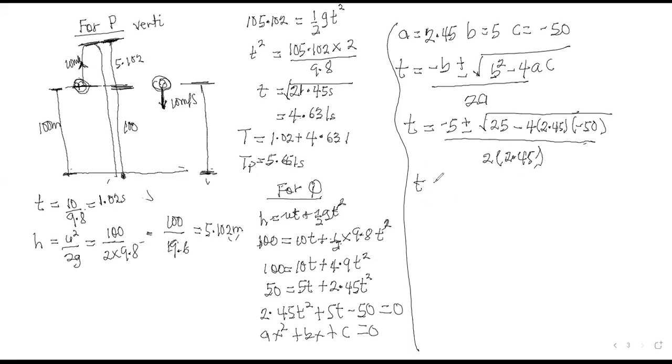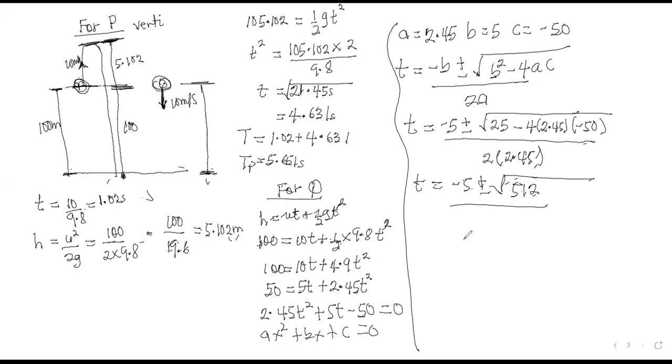And so T would be equal to minus 5 plus or minus whatever is within the bracket, which will be positive, because 4 times 2.45 times 50 is 490, plus 25, you have 515.